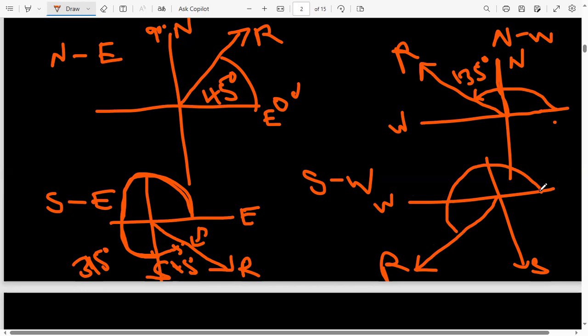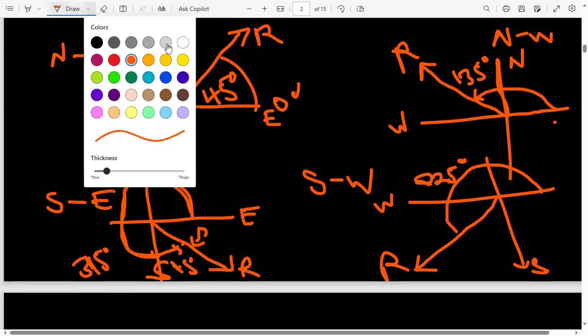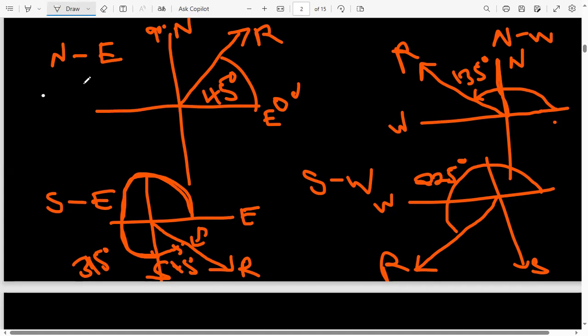So remember that from here all the way up to here is 180. 180 plus this 45 here is going to give you 225. So that is the angle. If you want, you can derive these angles the way I was doing it, or you can master them. Just know that northeast is 45, northwest 135, southeast is 315, and then southwest is what?